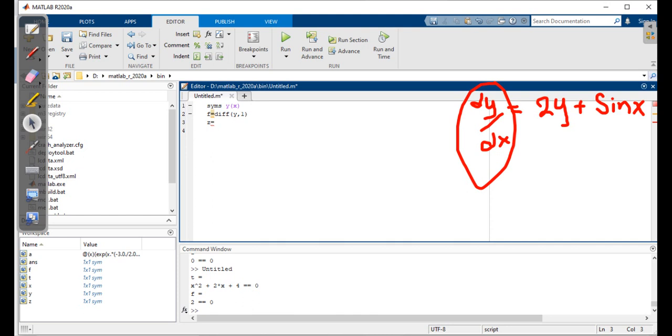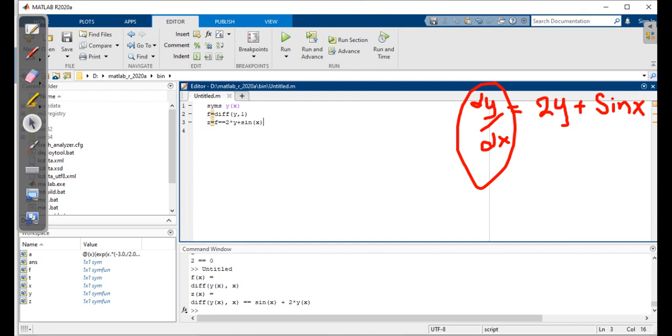This equation will be f, which is equal to, double equal, 2 times y plus sine of x. Here we took the derivative. Let's see if there is any problem. No, we don't have any problem in the equation.